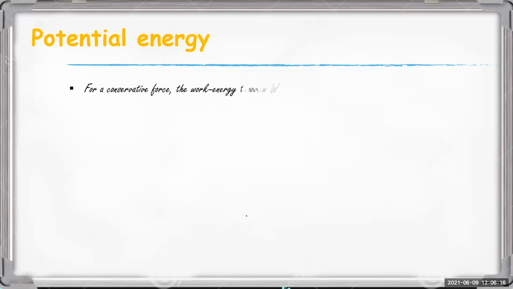For a conservative force, the work energy theorem, that is WBA equals KB minus KA, becomes equal to minus UB plus UA.